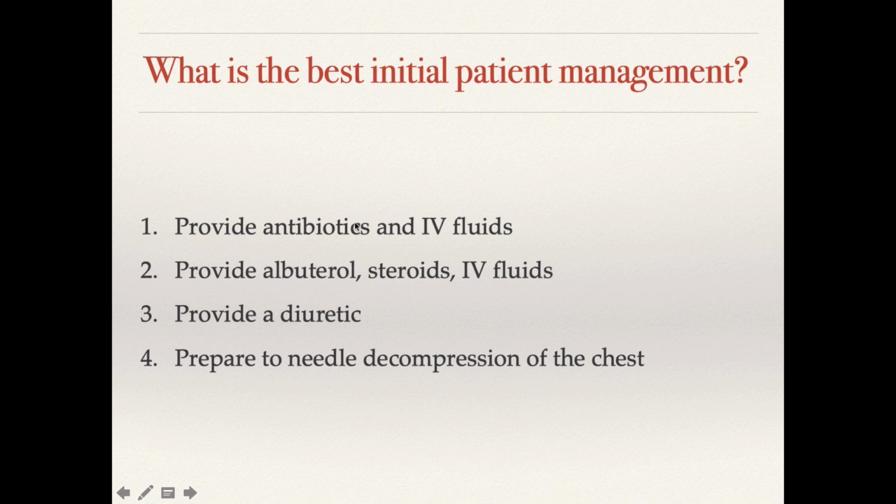So antibiotics, the patient does have a fever, but the most likely trigger of asthma exacerbations may be viral illness, so we don't know yet whether the patient needs antibiotics. So this may be correct or incorrect. Provide diuretic, patient's not in CHF exacerbation, and you wouldn't needle decompress a chest with normal lungs.